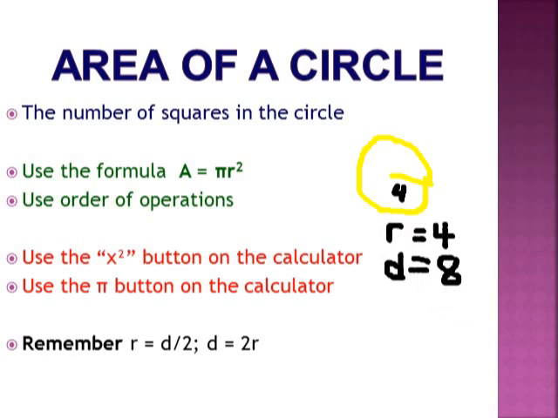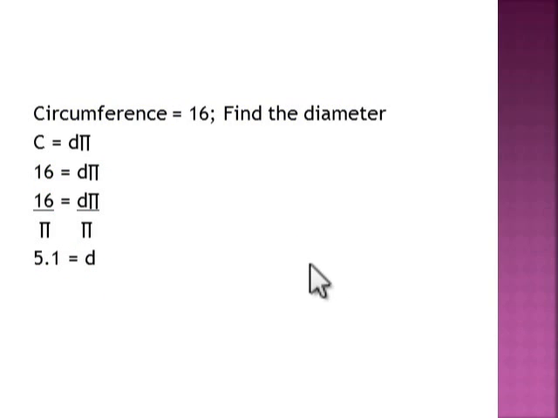One last thing I'd like to show you. So sometimes, even though we have a formula like circumference equals diameter times pi, we might not be looking for the circumference. That might be what we have.